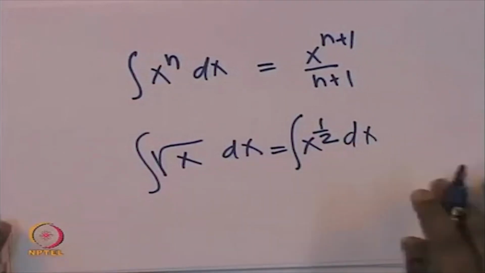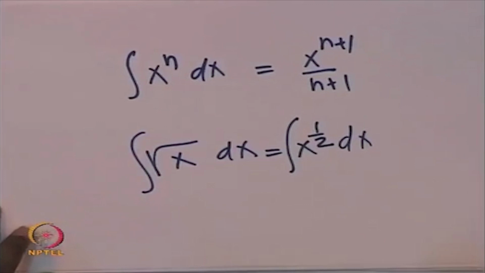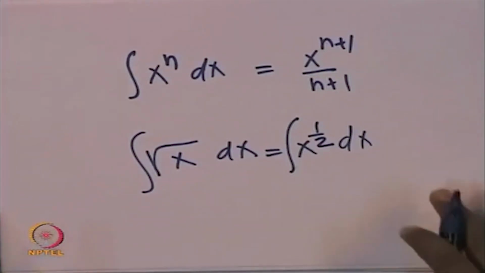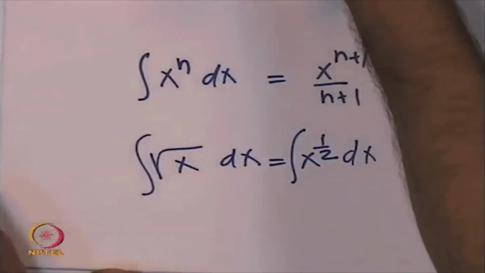So, you can think of some other example. We will do more complex examples in the coming lecture, but as one example of area under the curve, let us think of a circle, something that we already know.